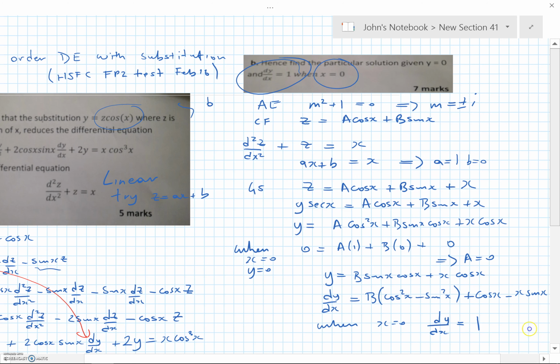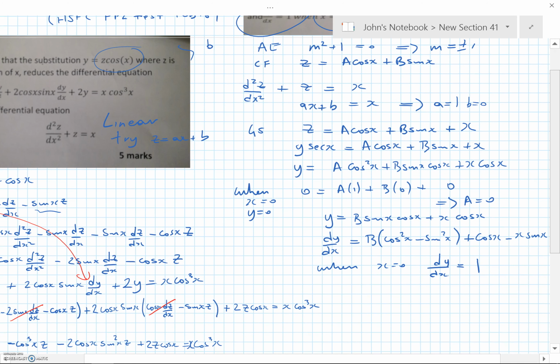So we can put that in, so we get 1 is equal to b times, now that's going to be 1, the first term, take away 0, because sine of 0 is 0, plus 1 minus x sine x, well obviously we're subbing in, so that's minus 0. Okay, right, so when we work that out, that gives us b equals 0.